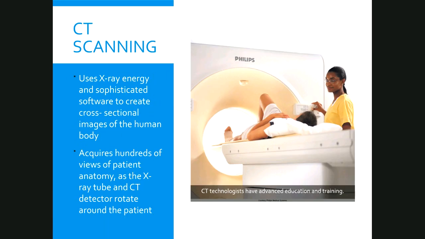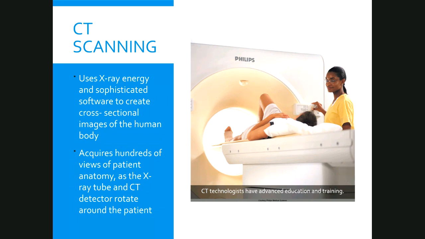Then we have CT scanning or computed tomography. Computed tomography is ionizing, and it uses X-ray energy and software to create cross-sectional images of the body. Pretty much CT and MRI use what's called sectional imaging. If you imagine a loaf of bread, that's the easiest way to think of it. If you had a loaf of bread sitting in front of you, there would be slices that make up that loaf.